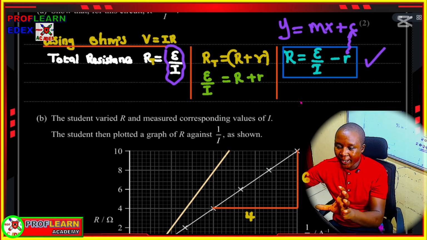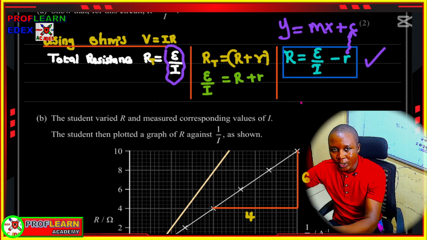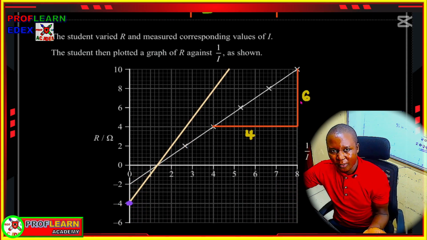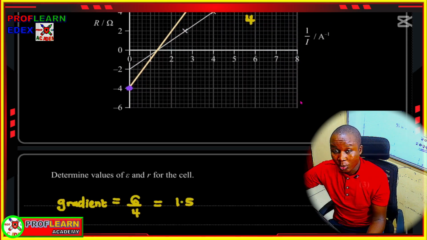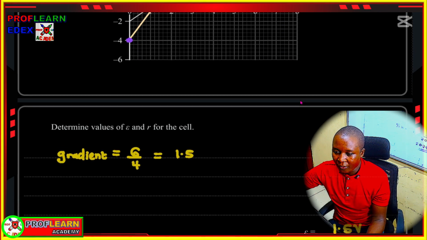This knowledge is important for this unit as well as for unit 3, practical skills, which is almost always the last question, question 4. So determine the value of E and R.